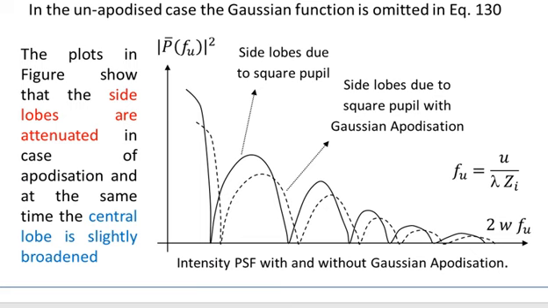So let's read the statement on the left. The plots in the figure show that the side lobes are attenuated in case of apodization, at the same time the central lobe is slightly broadened. Look at these two, apodized and unapodized cases. The plot in solid is due to the unapodized case.